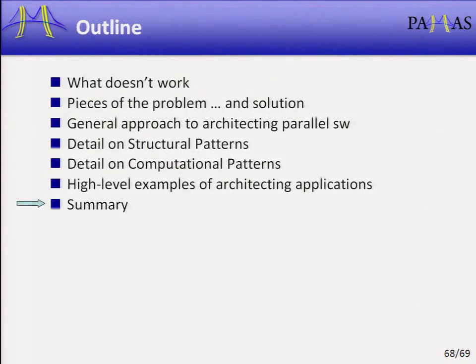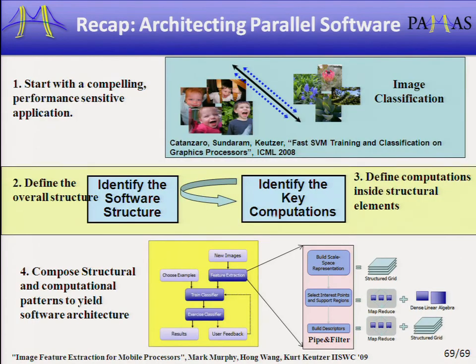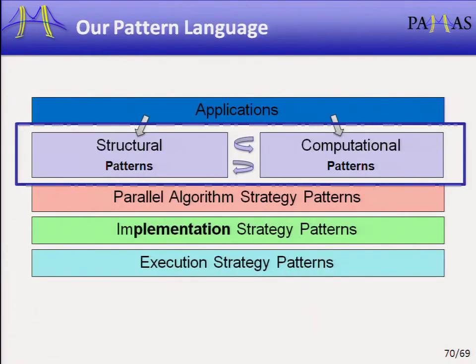Okay, so summarizing, our basic approach has been to start with a cool application, identify the overall software structure, identify the key computations, and then compose these down to yield a software architecture for the application. What I've shown you today, if you go back to that Christopher Alexander slide, I talked about a pattern language.